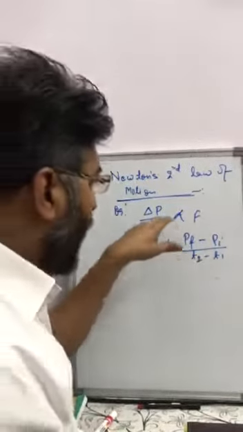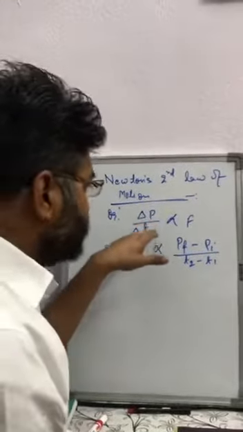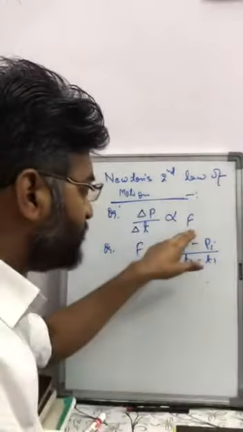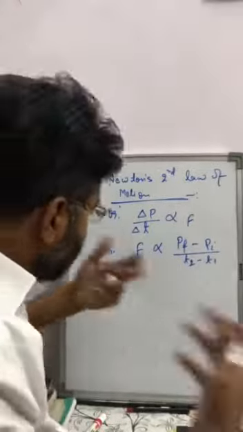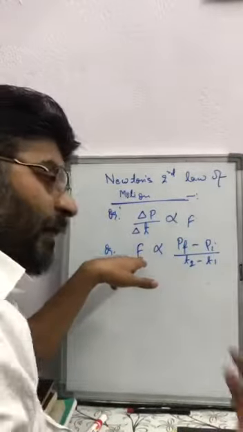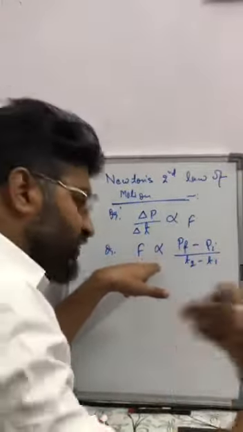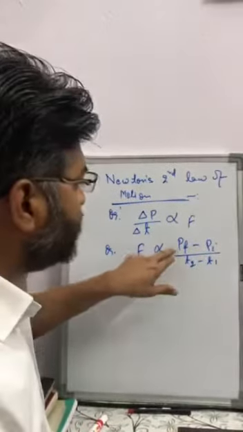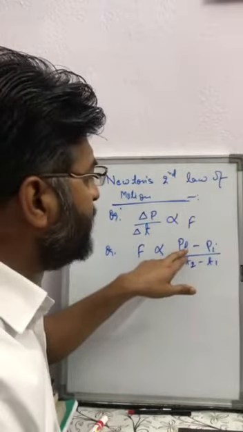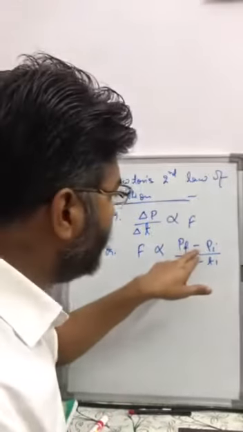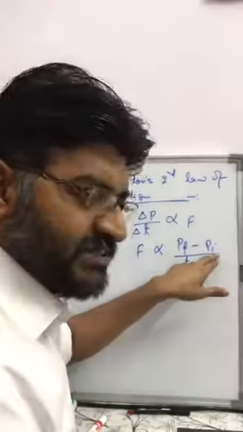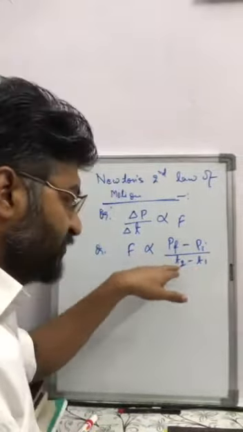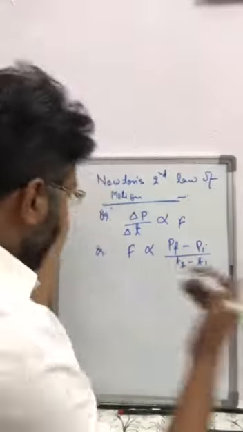Here change in momentum is Pf, the final momentum, minus Pi, the initial momentum, and T2 minus T1 is the final time minus initial time.